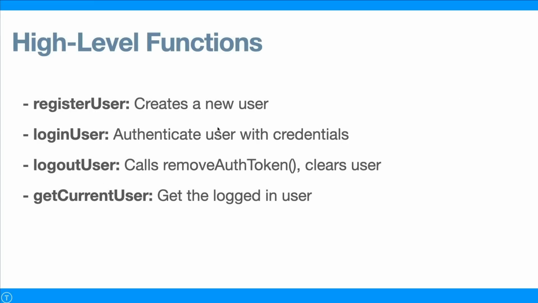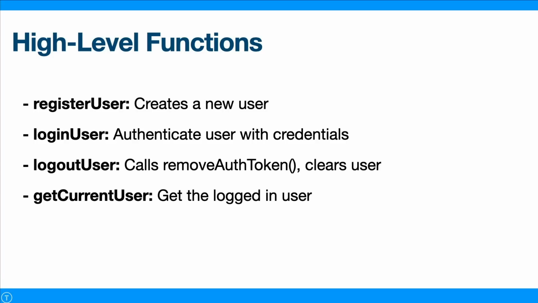Now, the higher level functions, and most of these are going to be actions, are going to be registerUser, which, these are pretty self-explanatory, it's going to create a user. loginUser, which is going to authenticate the user with the credentials. logoutUser will call that removeAuthToken. Actually, I think it's removeAuthCookie, but we'll fix that. That clears the user, and then getCurrentUser is going to get the logged in user.